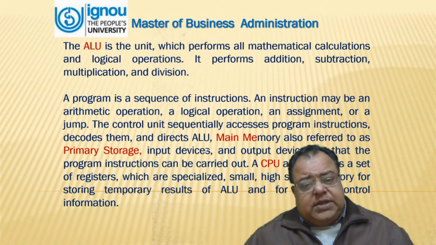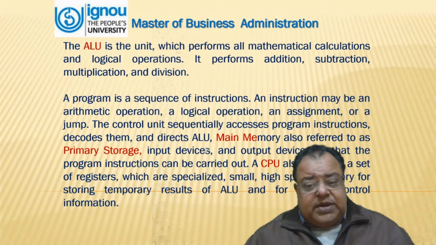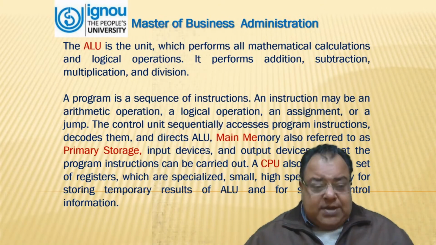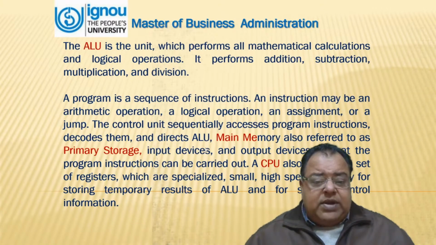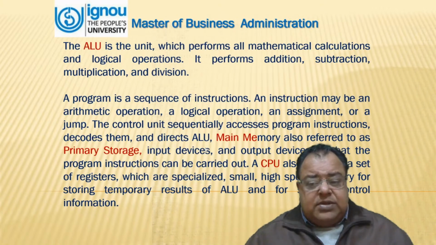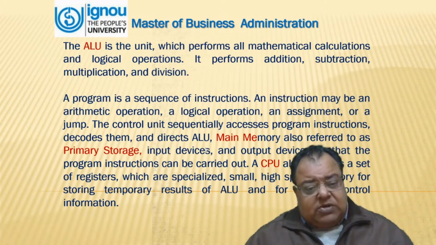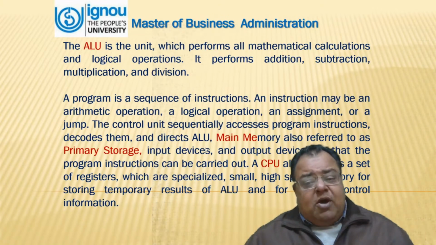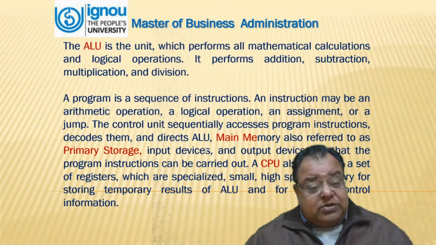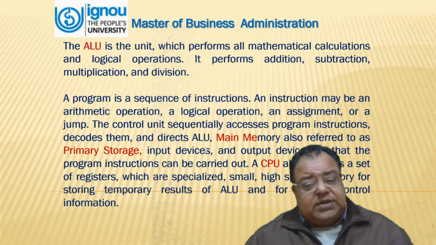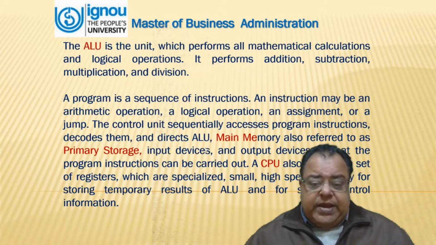A program is a sequence of instructions. An instruction may be an arithmetic operation, a logical operation, an assignment, or a jump. The control unit sequentially accesses programs' instructions, decodes them, and directs the ALU, main memory, also referred to as primary storage, input devices and output devices, so that the program instructions can be carried out.